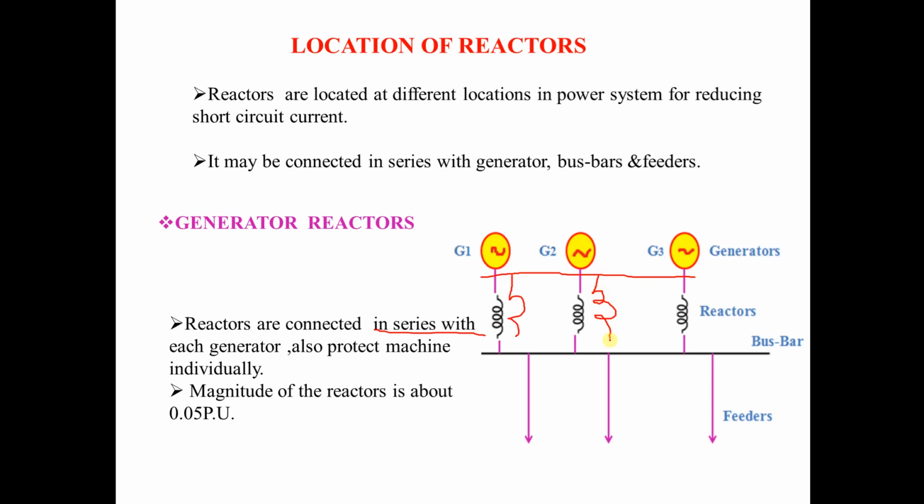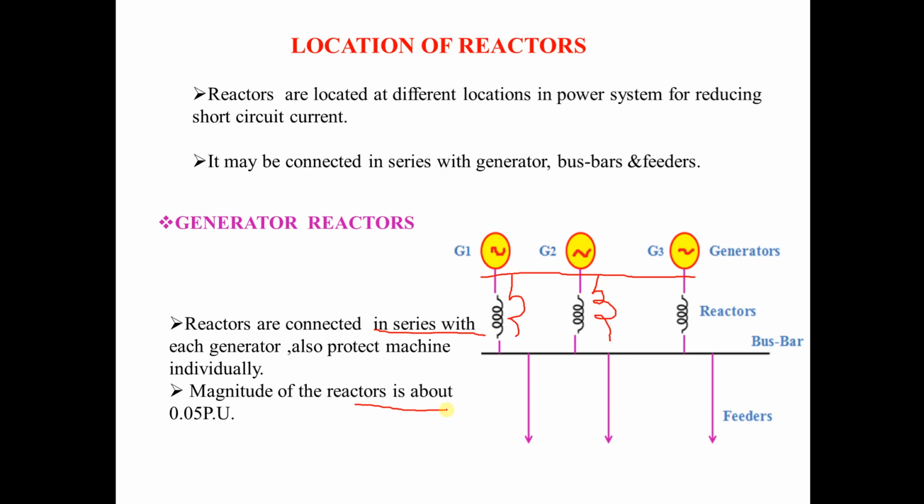This reactor may be considered a part of the leakage reactance of the generator. It protects the generator if any short circuit occurs beyond the reactor, and its magnitude is about 0.05 per unit.